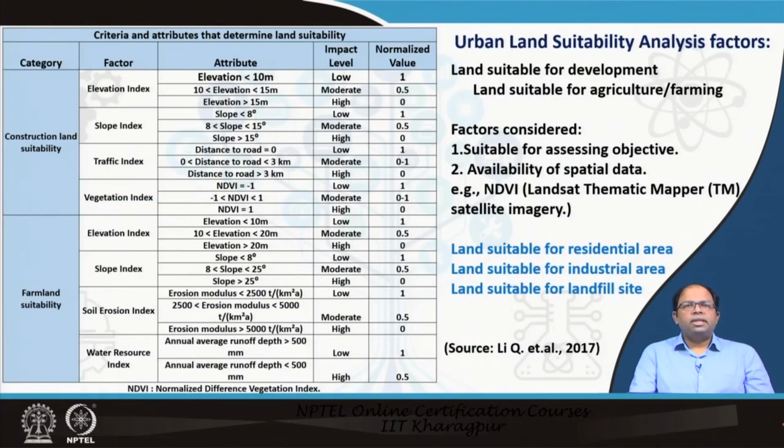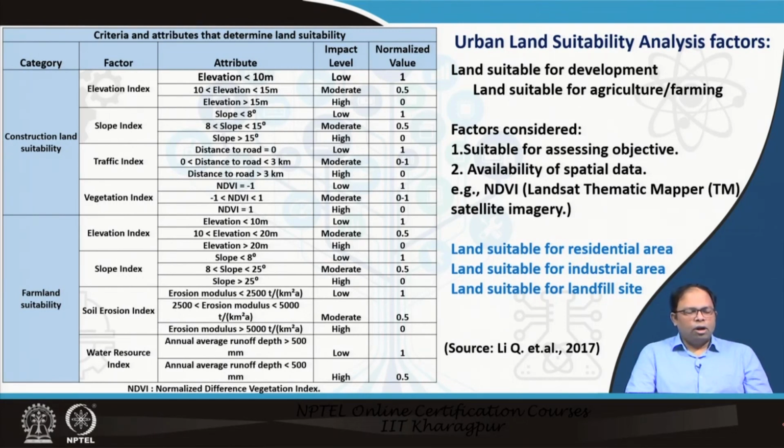Here we see one example by Lee Kyo, where they have done an urban land suitability analysis, testing land suitability for construction land and farmland for a particular urban area, and they have used several factors. As you can see, they have used the elevation index, a slope index, a traffic index, and a vegetation index.